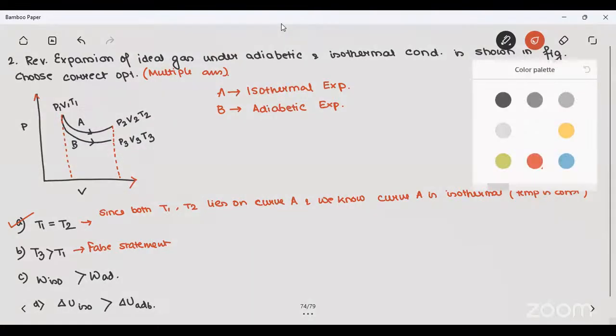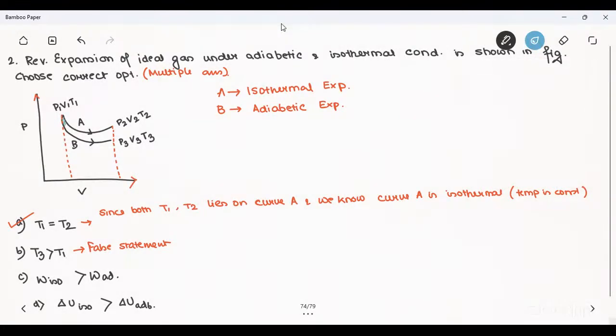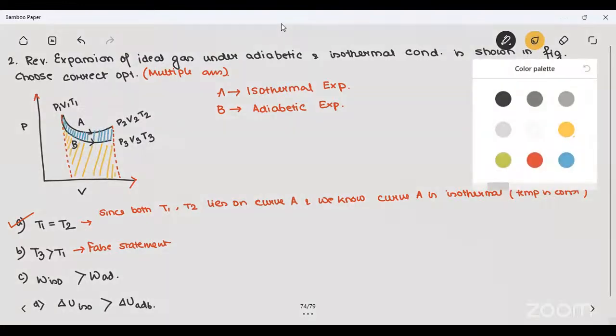Wait, let me do this. What is the area covered by curve A? B plus Y.